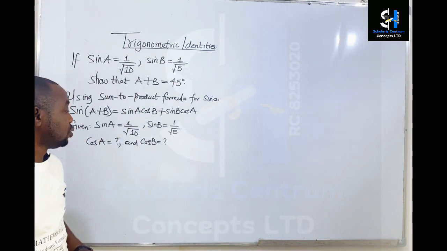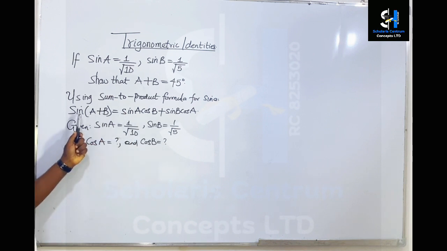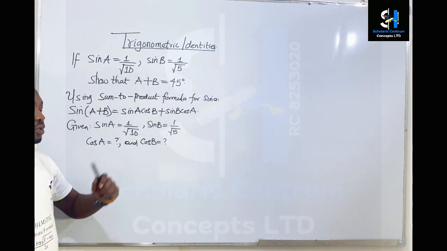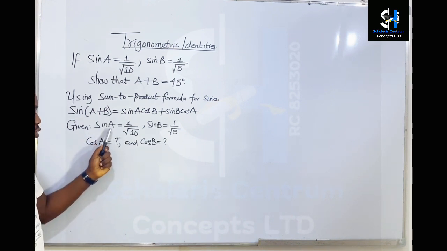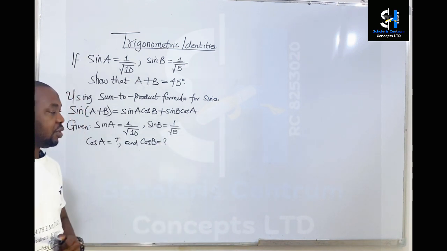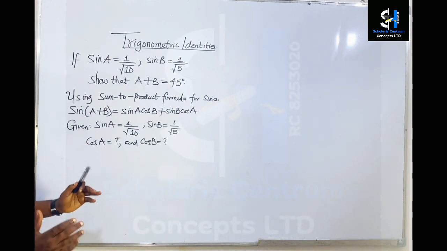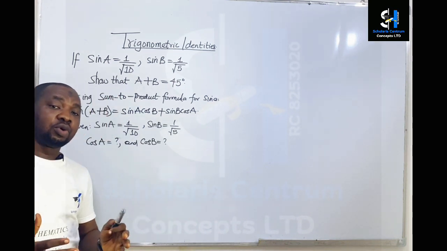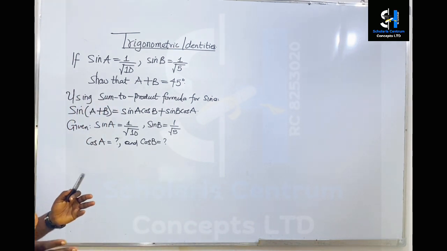So to be able to find the values for both, we have it here that sine of A plus B is equal to sine A cos B plus sine B cos A, and we know the value for sine A, which is 1 over root 10, and the value for sine B, which is 1 over root 5, but we don't have the values for cos A and cos B. So what we need to do now is to use what we call the Pythagorean identity, that is for cosine and sine.